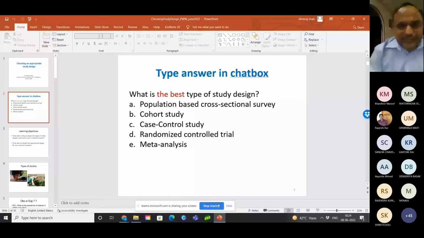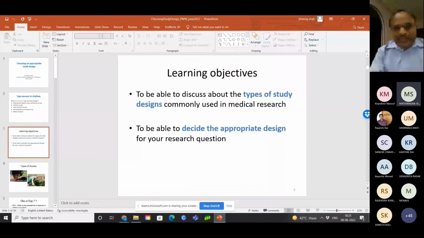It may be rated high in the hierarchy if you have the same question answered by different types of studies, but meta-analysis is also possible only when you have the original studies. It is not a primary kind of study. It is a secondary study design where you analyze all the studies which have already happened. So actually none of these is correct. This was just to begin.